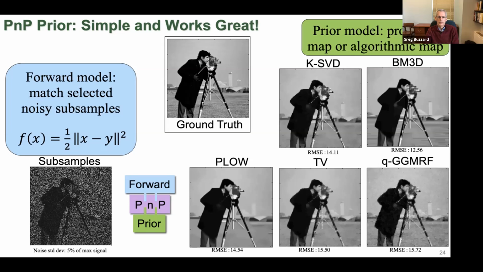And this gives us a nice way of doing this inversion problem, even with an algorithmic denoiser like this. So as you can see, even though this one claims to have the best error, I would say that this BM3D is visually more appealing than this one in terms of comparison to the ground truth.